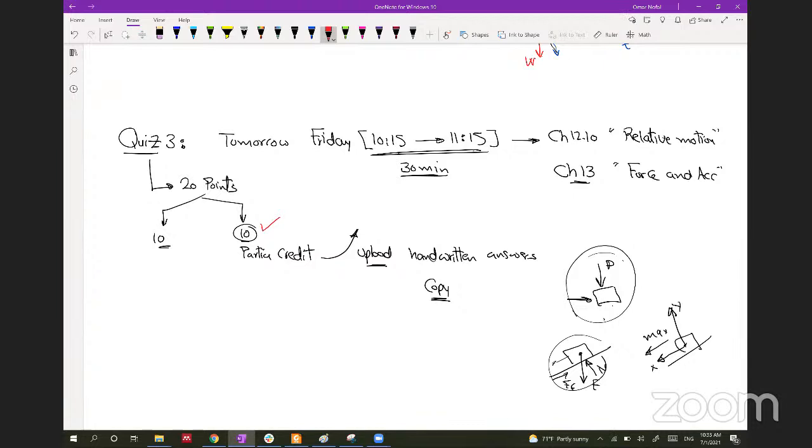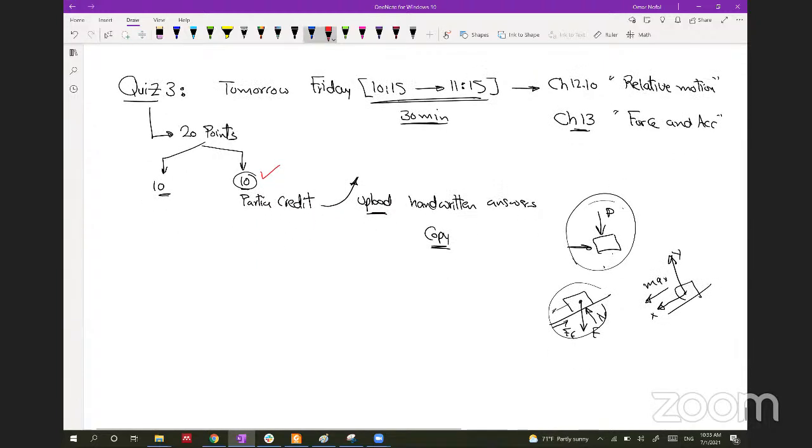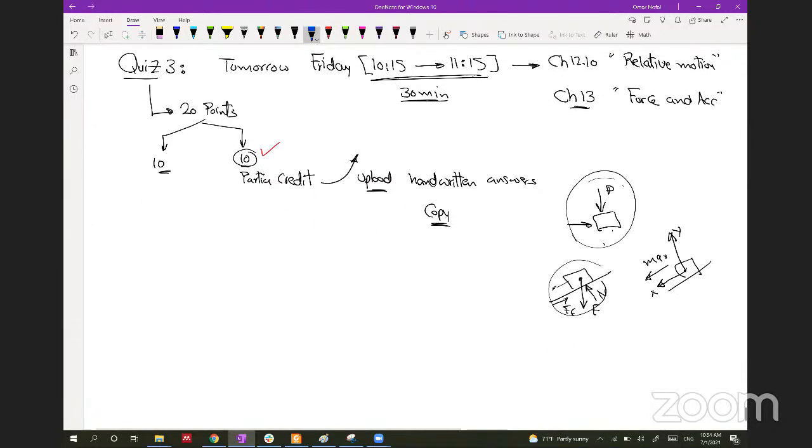So this is for the quiz, and just a quick follow up on the relative motion.